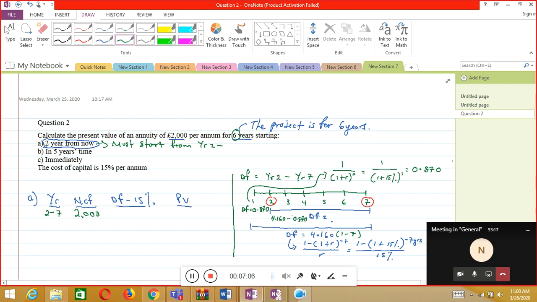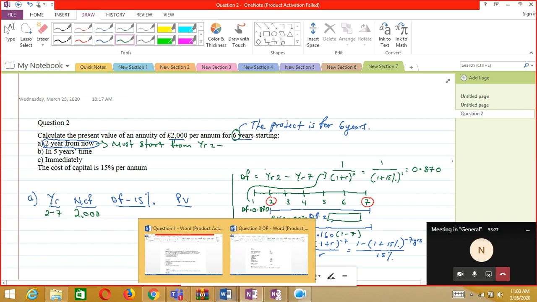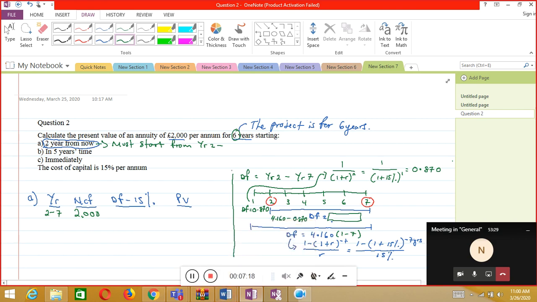You minus the year 1, and you get the balance of year 2 to year 7, the discount factor. So you get 3.290.